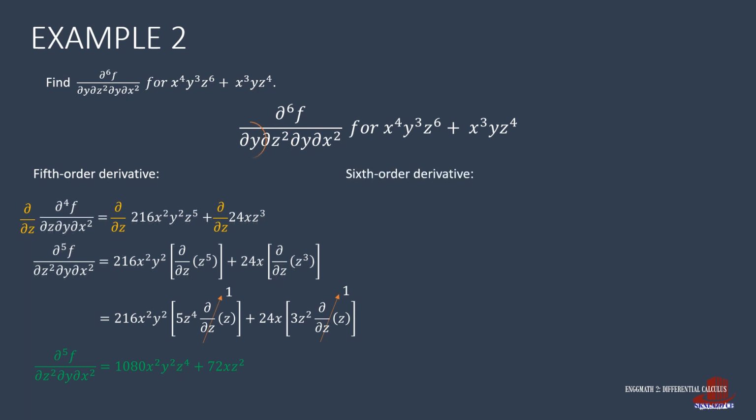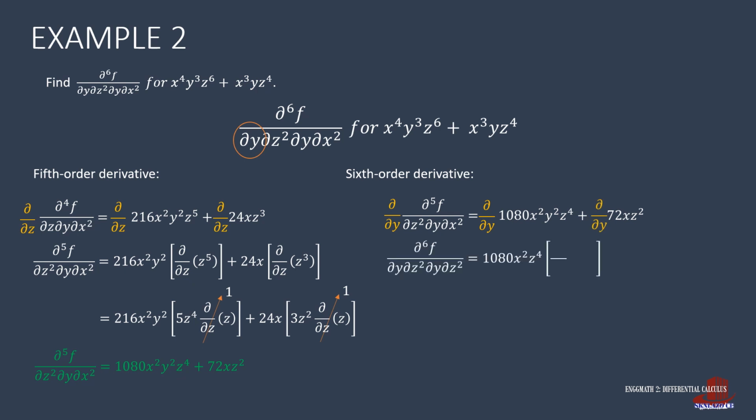To complete the requirement, we move on to the sixth partial derivative of the function, this time with respect to y. Start with 1080 x squared z raised to 4 times the derivative of y squared plus 72x z squared times the derivative of 0, which makes the whole term 0.